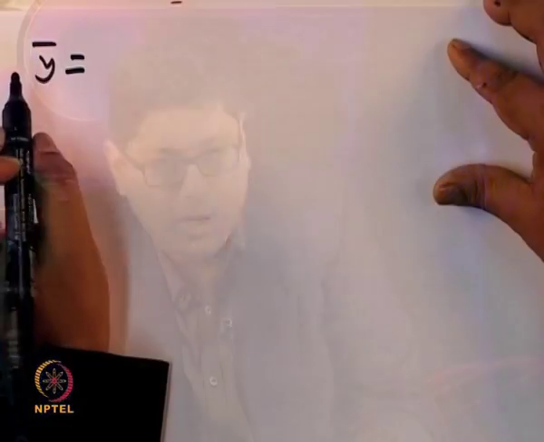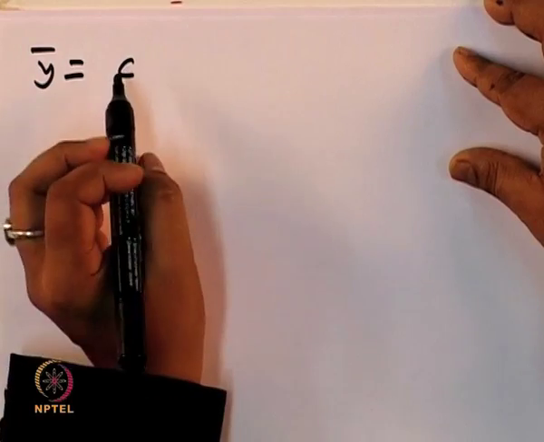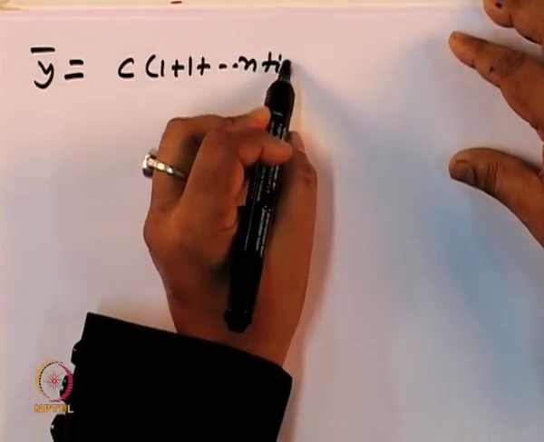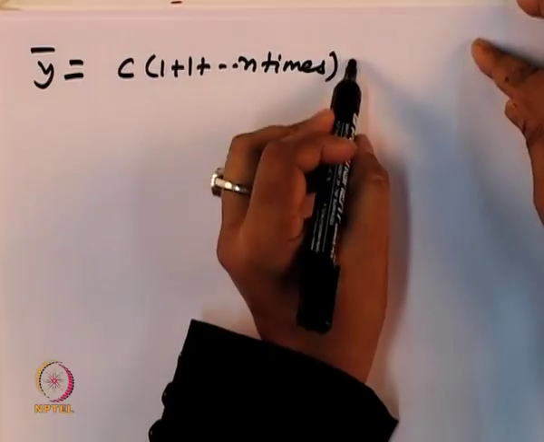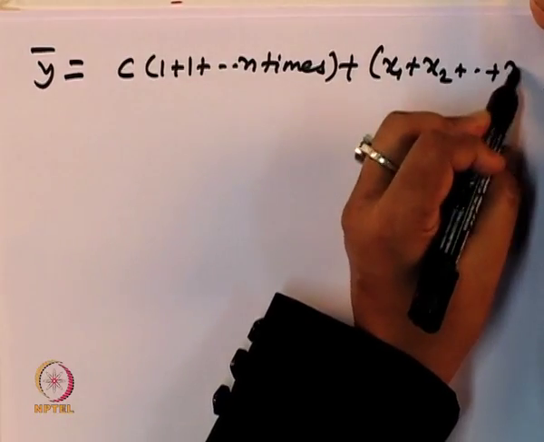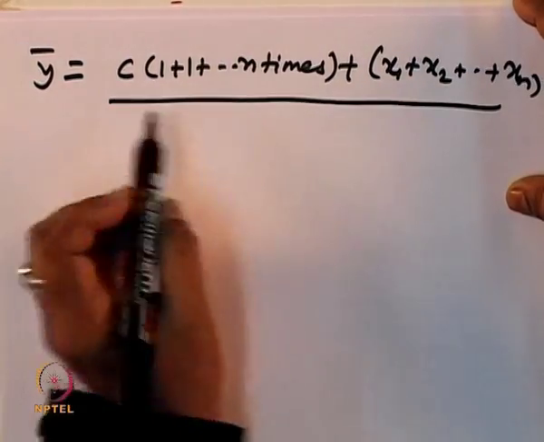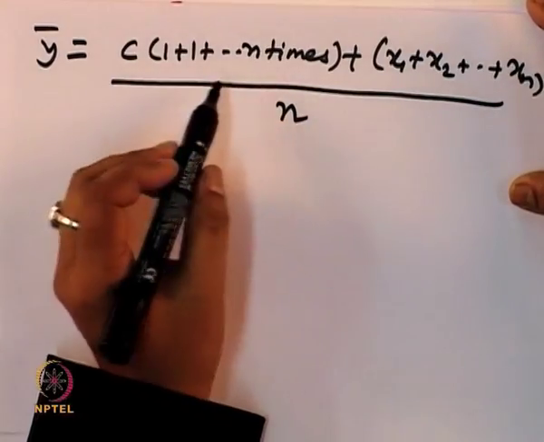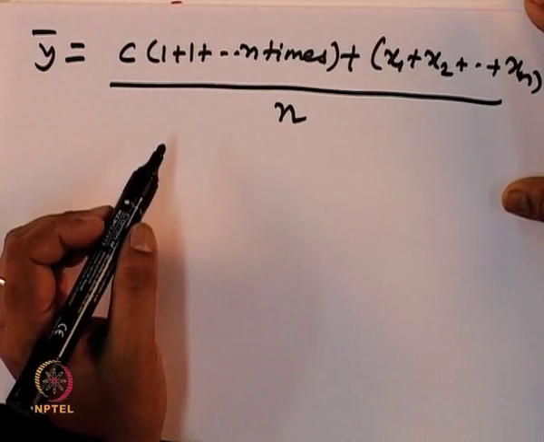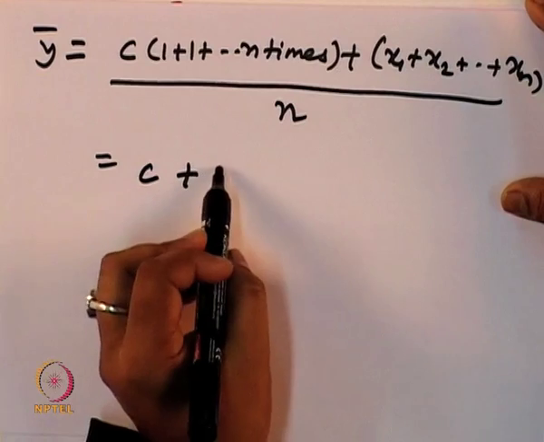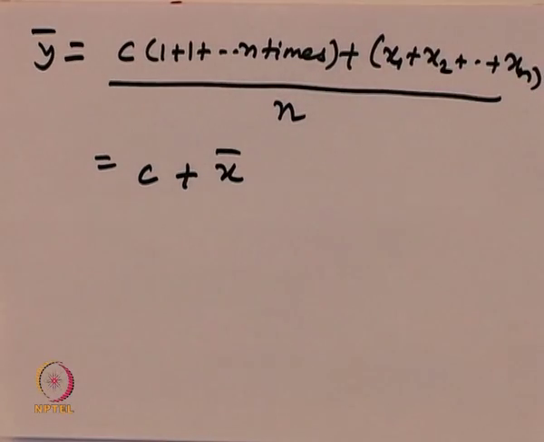So, in my definition of y bar, I can take c common, but c is 1 plus 1 plus 1 n times, then you have x1 plus x2 plus xn and this whole thing divided by n. Okay. Now, this 1 plus 1 plus 1 n times is simply n. So, this gives me the formula c plus, and this remaining thing is x bar. So, y bar is c plus x bar.